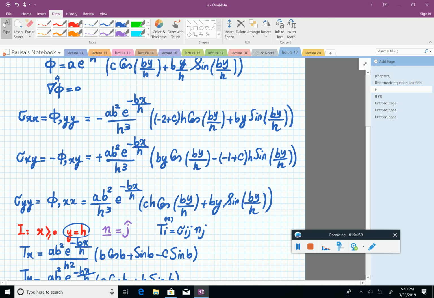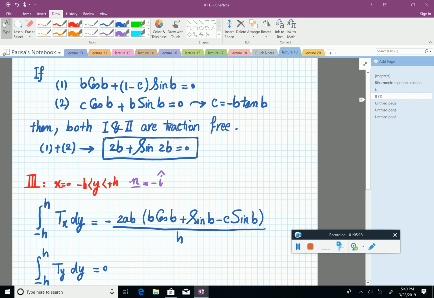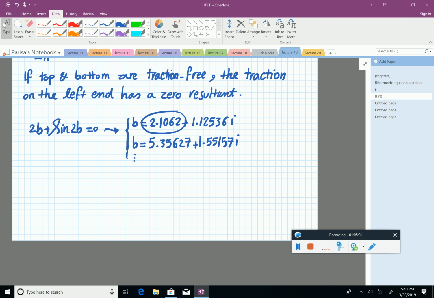And then this b, for example, can be 2. What is it telling you? What is happening? So you have some value which is not a function of x. Look in the stress solutions. But you have an exponential multiplied by that, which has a form like negative 2x over h. What does that tell you? What is happening with x? Exactly.